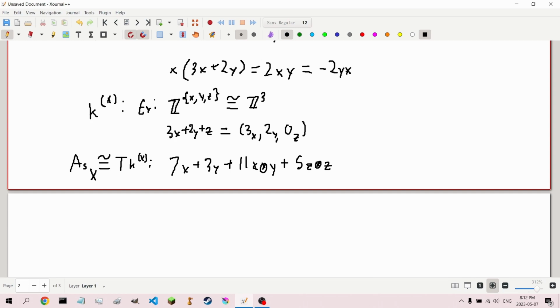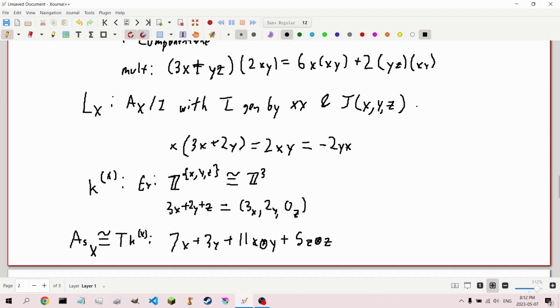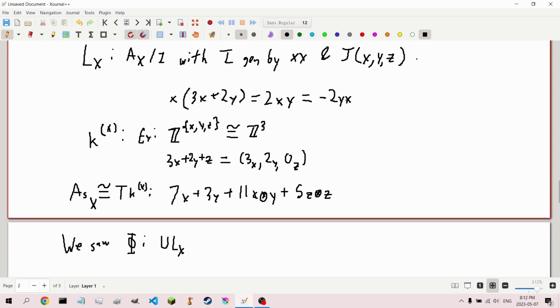So we saw before we had this map, capital Phi, from the universal algebra of L of x to this, is an isomorphism.